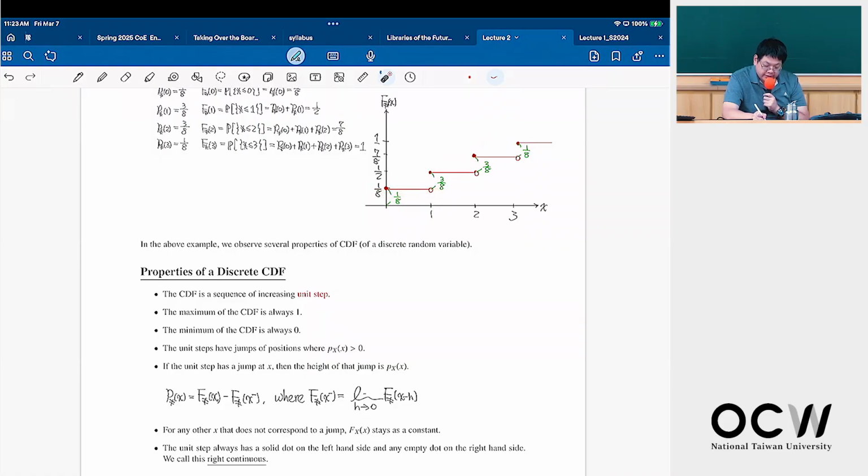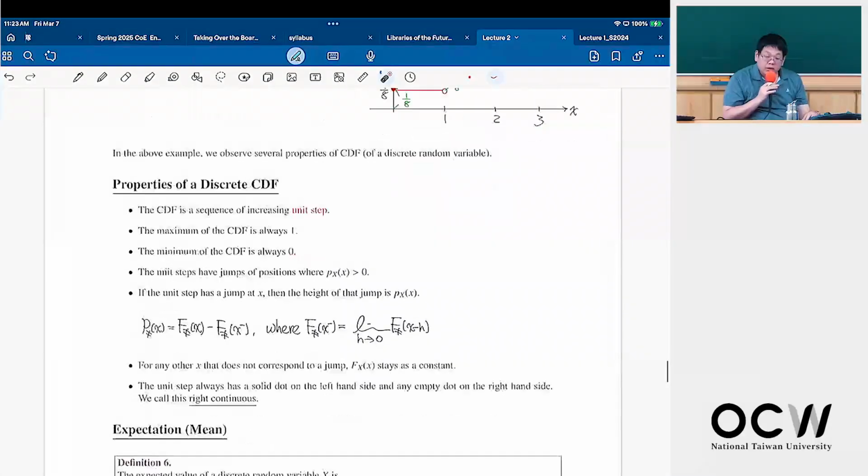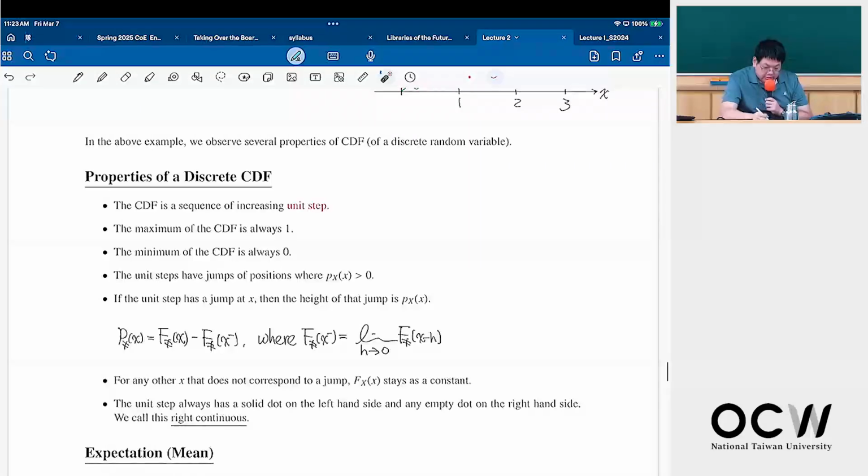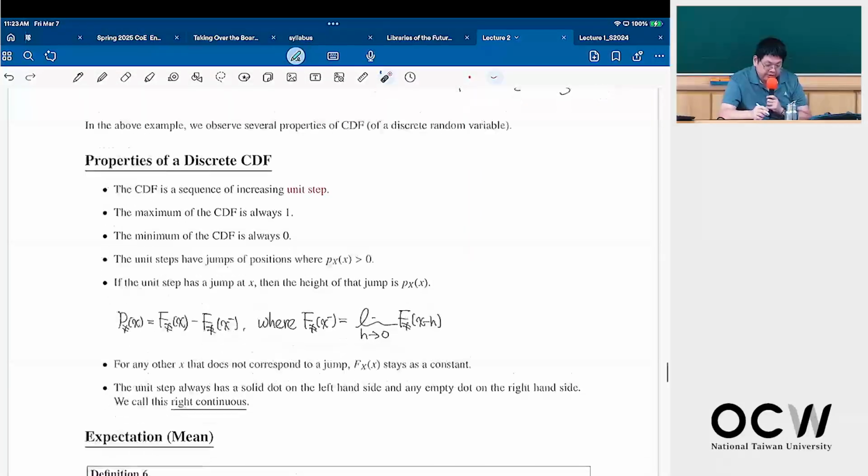And the unit step always has a solid dot on the left and an empty dot on the right. So we call this right continuous. All right, so that's just the properties of the discrete CDF.